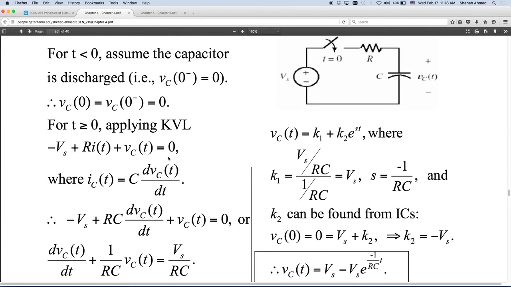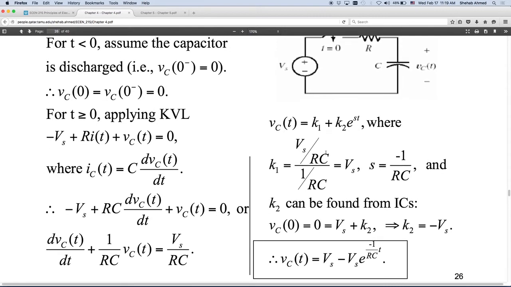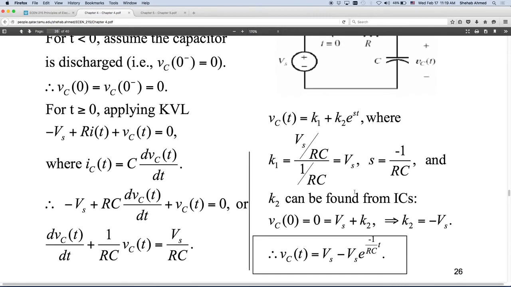Right? And then substitute the relation between voltage and current and write your differential equation. We have a certain format for the differential equation. The differential term cannot have a magnitude, so we divide by RC, and we end up with this format for the differential equation. 1 over RC is A. Vs over RC is B. And then take out your cheat sheet with the values of K1 and K2, because the solution is in the form of K1 plus K2 e to the st. So we solve for K1, we solve for K2.